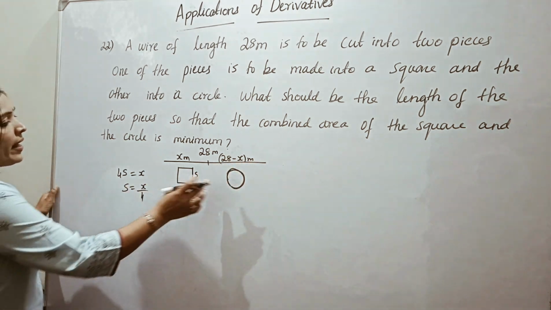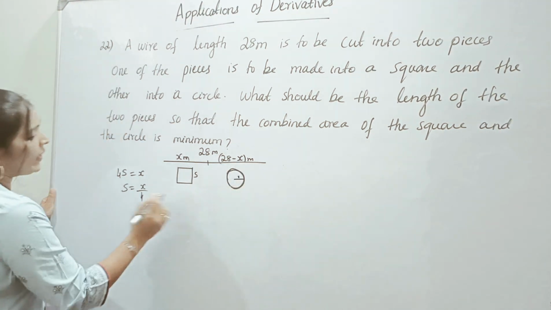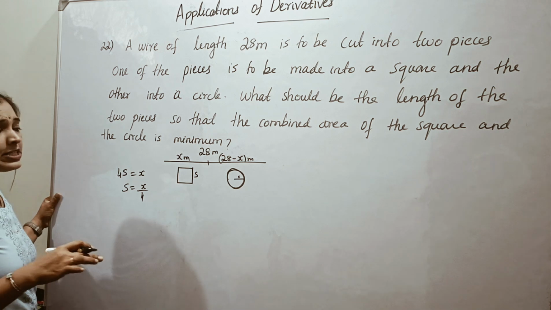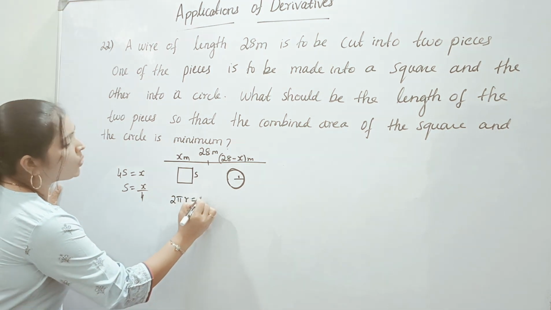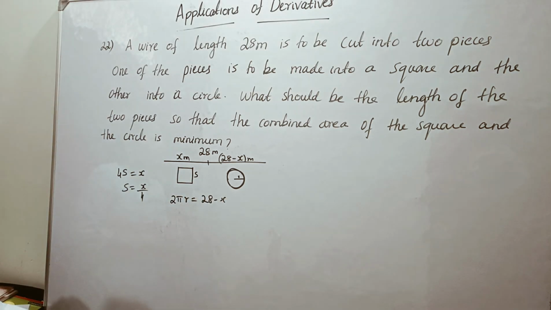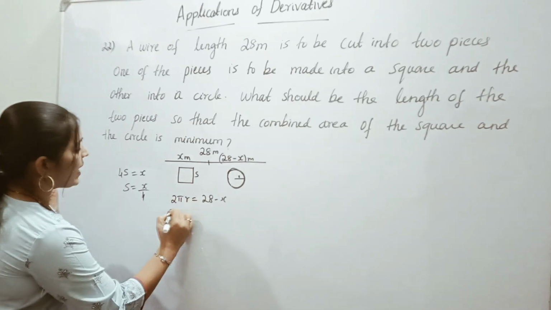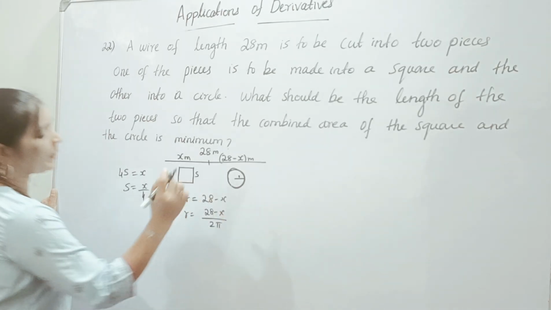Suppose r is the radius, then what is the circumference formula? 2 pi r, right? So 2 pi r is equal to 28 minus x. Then what is r? r is equal to 28 minus x divided by 2 pi.